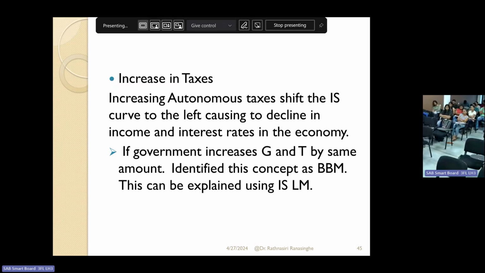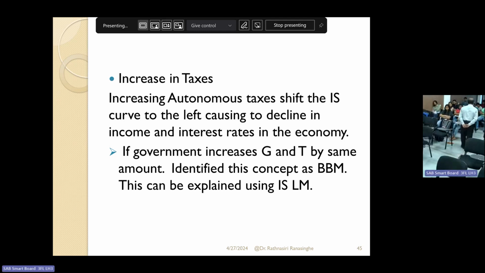Now, you know this one, if the government increases these two. Can you remember that one we discussed earlier? The government raises the expenditure and the taxes by the same amount, and remember we talked about that case. So that we identified as the what?